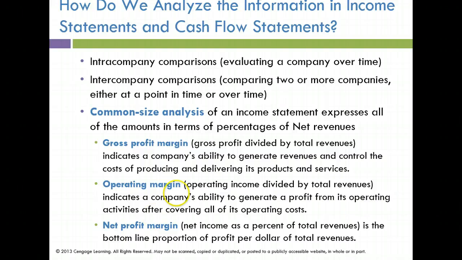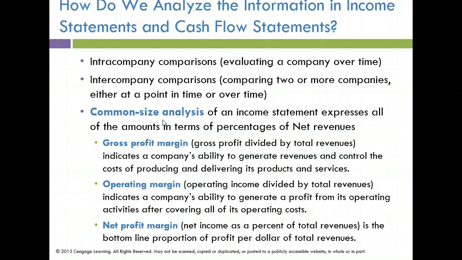Our operating margin is going to be our operating income divided by total revenues. Makes sense? It's definitely going to be way smaller than gross profit, won't it? So if I ask you a question, which of these would be the lowest percent? Operating margin or gross profit margin? Operating.